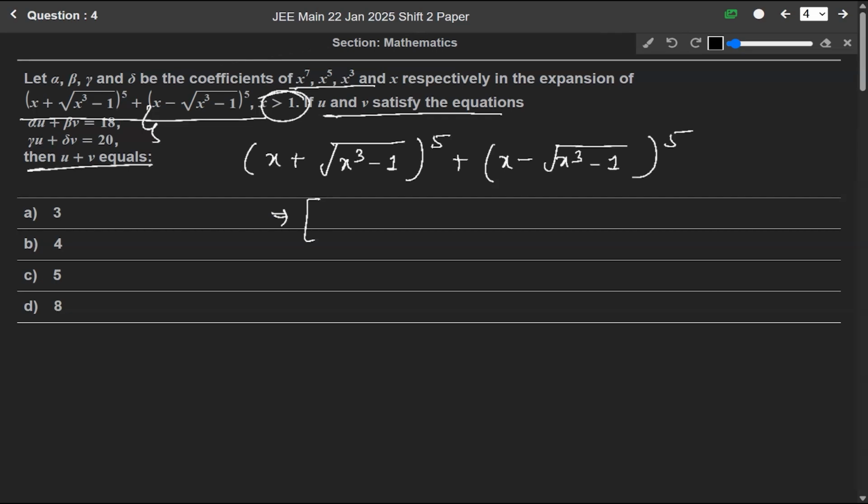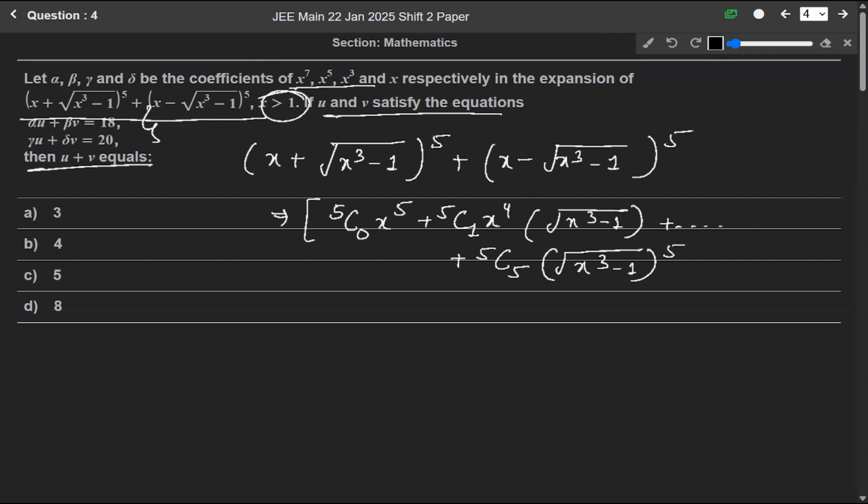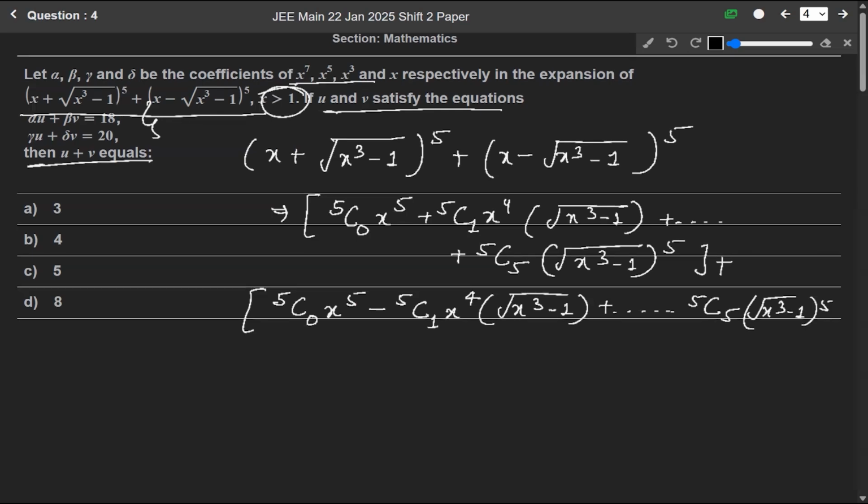It is equal to, we can write it as 5C0 x⁵ + 5C1 x⁴ √(x³ − 1) + and so on up to 5C5 (√(x³ − 1))⁵, plus 5C0 x⁵ − 5C1 x⁴ √(x³ − 1) + and so on up to 5C5 (√(x³ − 1))⁵. So this will be twice, and the odd terms cancel out.